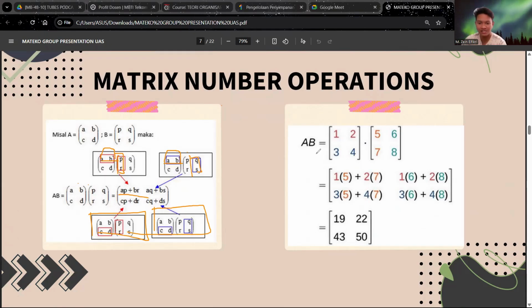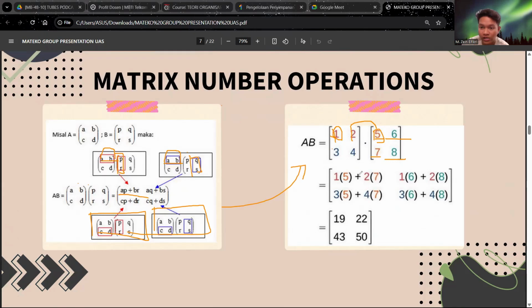So we go to the next example. So we have a square matrix. The numbers are 1, 2, 3, 4 times 5, 6, 7, 8. Then we use this method, yeah. So 1 times 5 first.